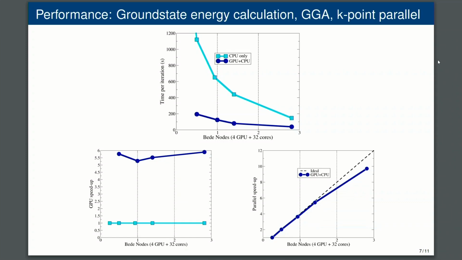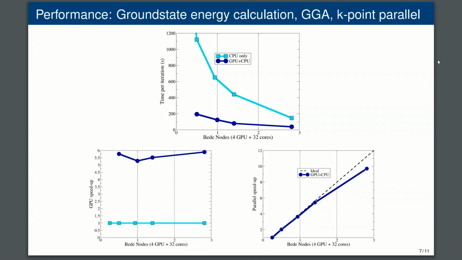There's no basis function parallelism going on here. This is run on a UK Tier 2 GPU HPC resource. We've got about 90 k-points in this calculation in total. This is about 50 atoms, so a pretty small CASTEP calculation. But as I say, it's representative of what we see at various scales.